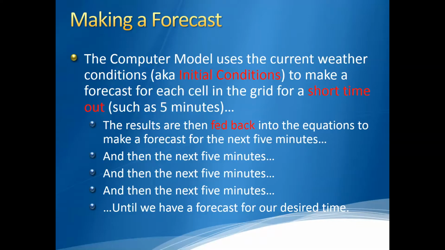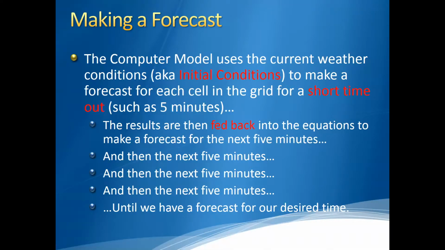Then the results that come out of the forecast model are fed back into it, and a forecast is made for the next 5 minutes. Then the results from that are fed back in, and then for the next 5 minutes. And then fed back in for the next 5 minutes. And so on until we have a long-term forecast. And so this is how we make a forecast.